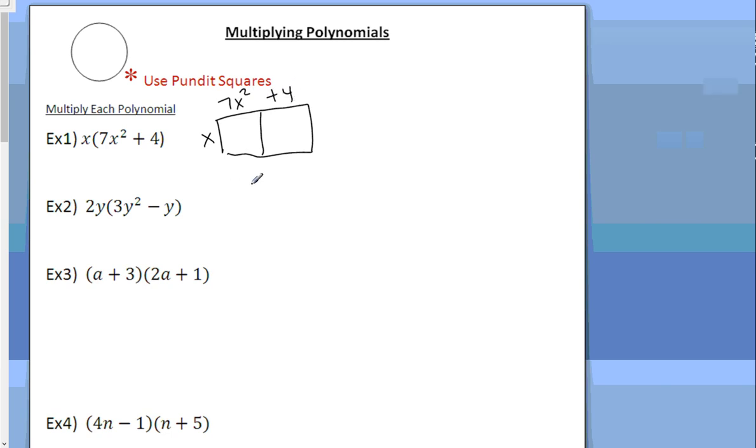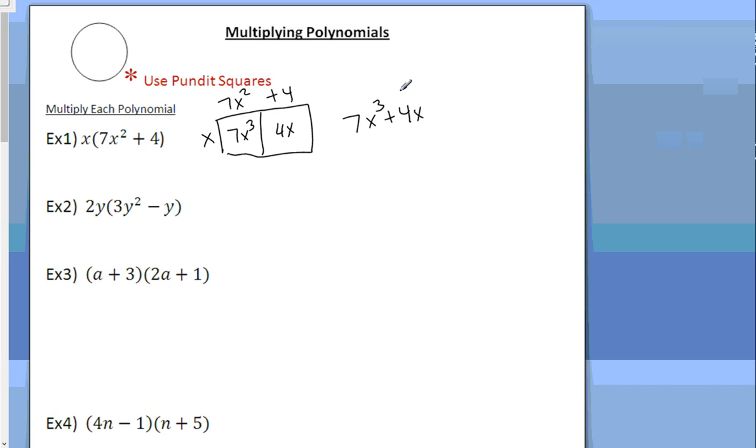Pretty easy. And then all you do is multiply it. 7 times x squared times x means 7 times x times x times x, which is 7x to the third. And then x times 4 is 4x. And this will be my answer. So my answer is 7x to the third plus 4x.